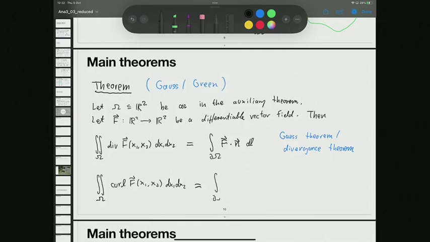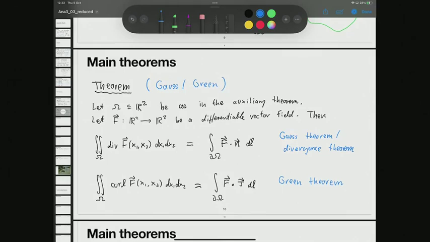Again, we integrate something over the boundary, and we integrate the vector field, but this time we multiply it with the unit tangent. That's called Green theorem, named after some person with the surname Green. Those are the two most important results in two-dimensional vector analysis.